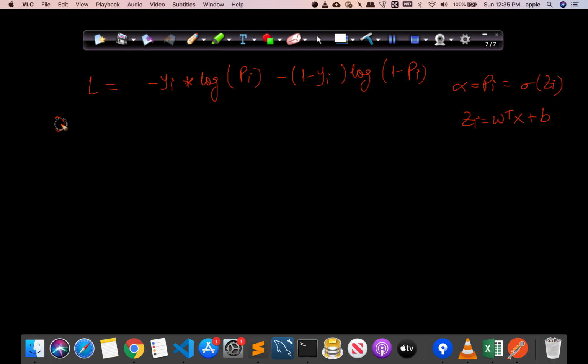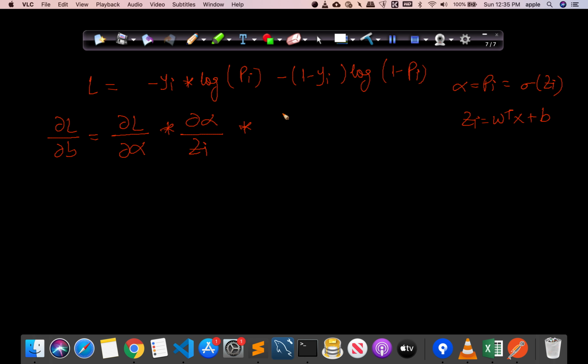So what we have to find is ∂L/∂b. This will be ∂L/∂alpha, because this loss function is a function of pi, which is alpha. Now since alpha is a function of zi, we will differentiate alpha with respect to zi.